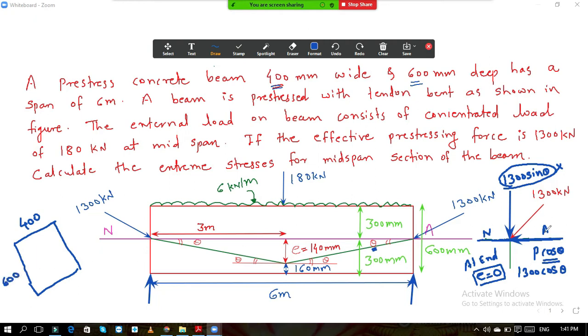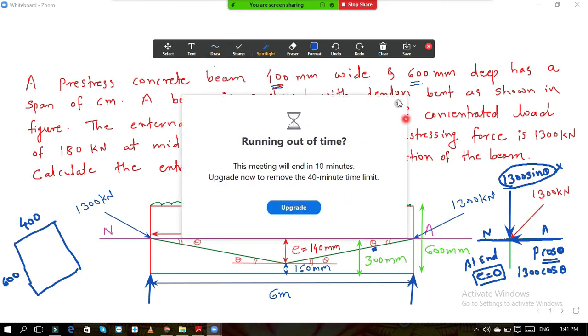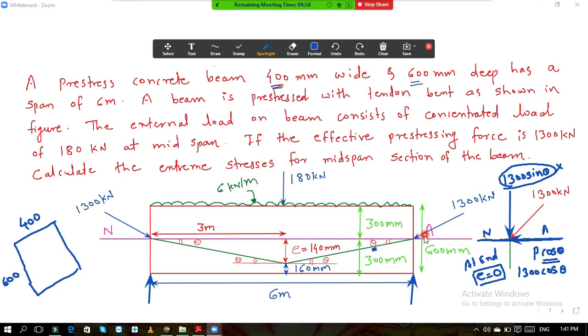Now this 1300 kilonewton force is an inclined force acting along this line, so this angle is also theta. So on this cross section, it is not exactly 1300 kilonewton force acting; its horizontal component is acting along this cross section.